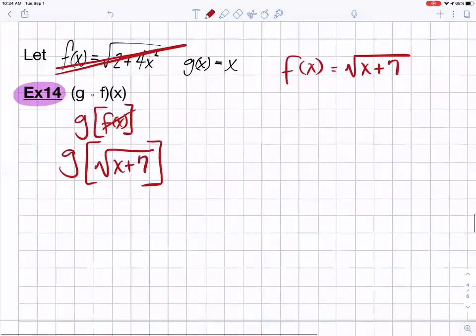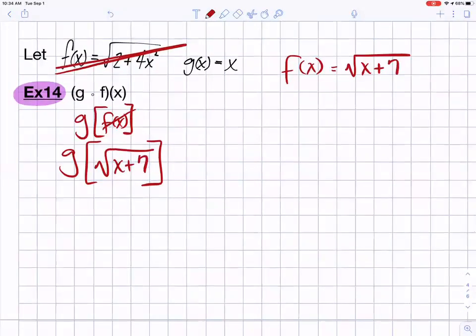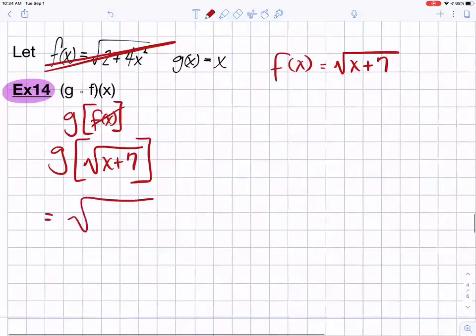So here I have g of ugly, which is equal to ugly, right? So that's just going to equal the square root of x plus 7. Find domain. You have any letters on bottom? No. You have any square roots? Yes. Okay, so you might need to go back to that question again in the notes.